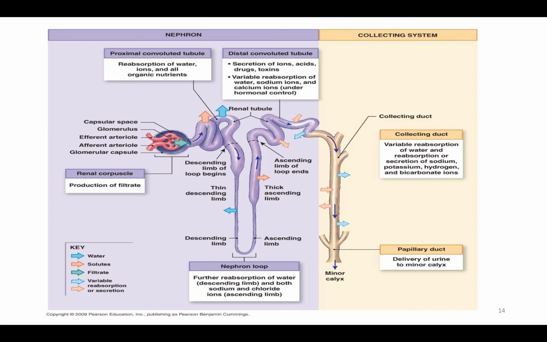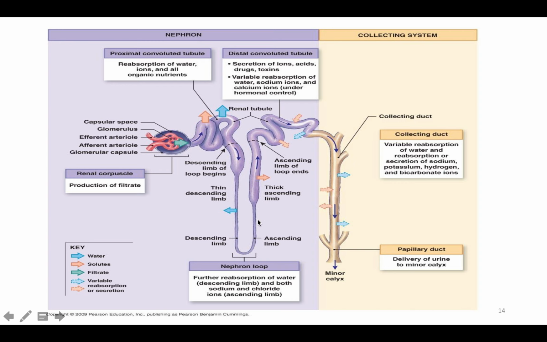Then that filtrate is going to travel to the proximal convoluted tubule, which is right here. What's going to happen there is it's going to reabsorb water and ions and salt into our body. Then the filtrate is going to go down the nephron loop, and there's an ascending loop and a descending loop. Descending comes first, followed by ascending.